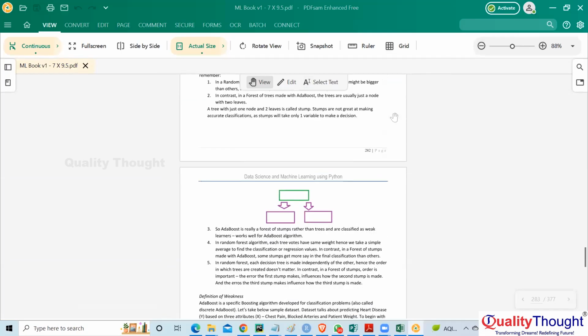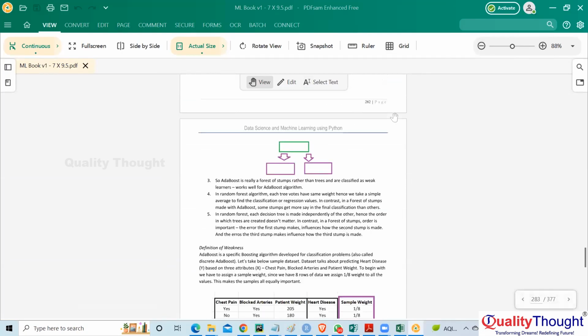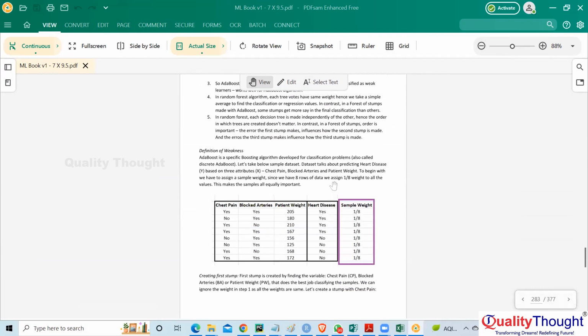Okay. So let's say we have 3 input values: chest pain, blocked arteries, and patient weight in pounds. Based on these values, we are trying to predict if that person is going to get heart disease or not.